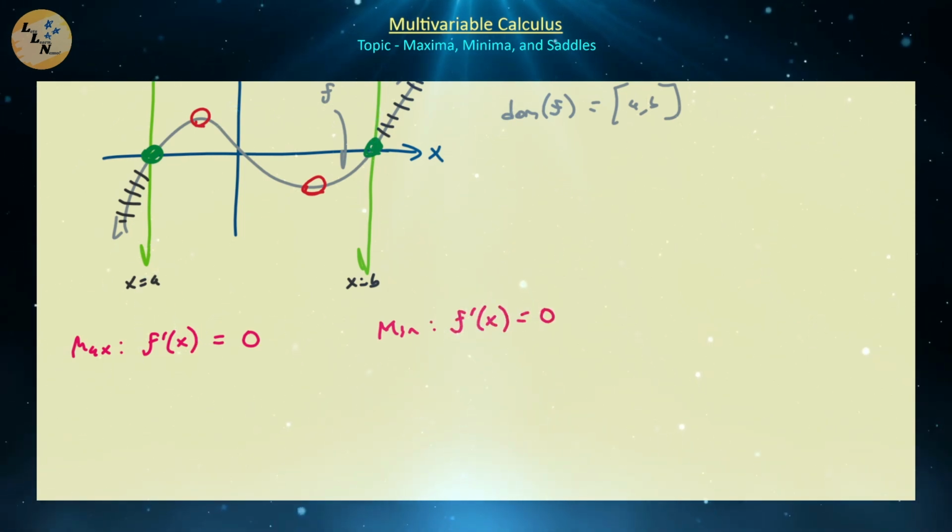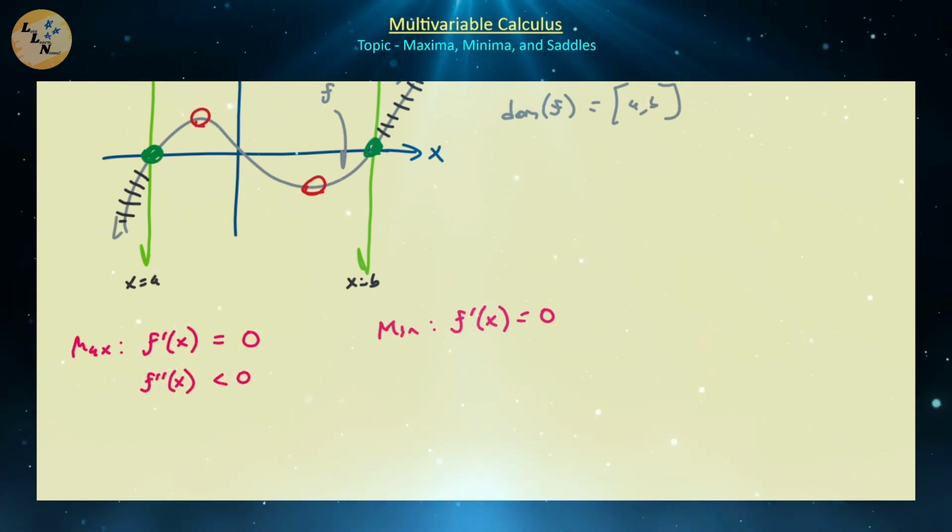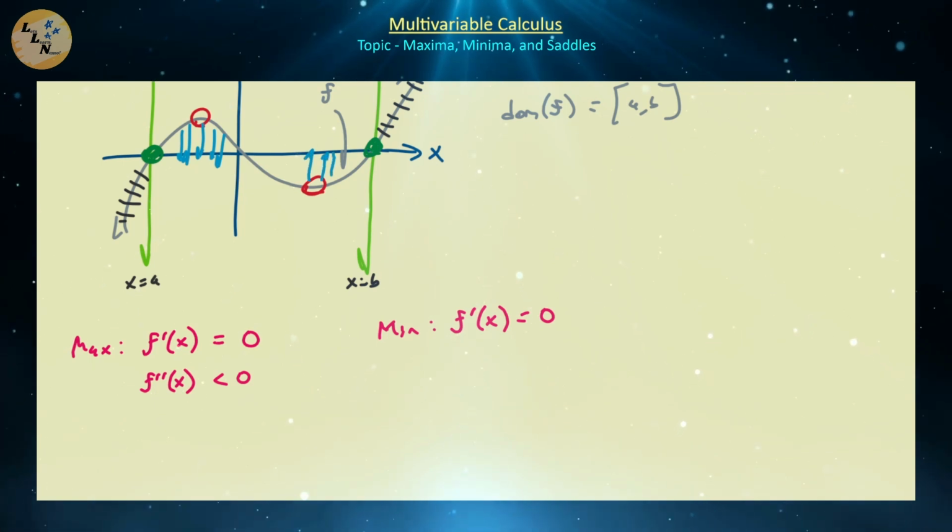The only difference is the second derivative of the curve at that point is going to be negative for maximum values, because the curve is facing downwards, concave down like a frown, and concave up like a cup for minimum values. So the second derivative for minimums is going to be positive.